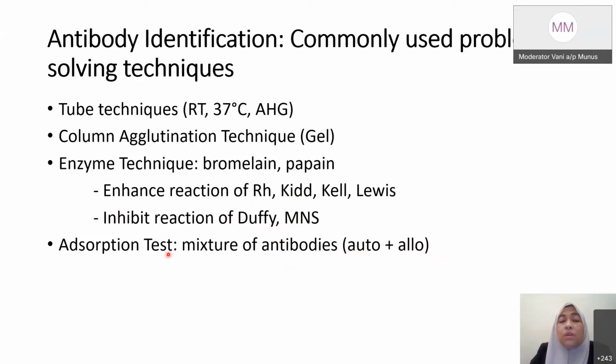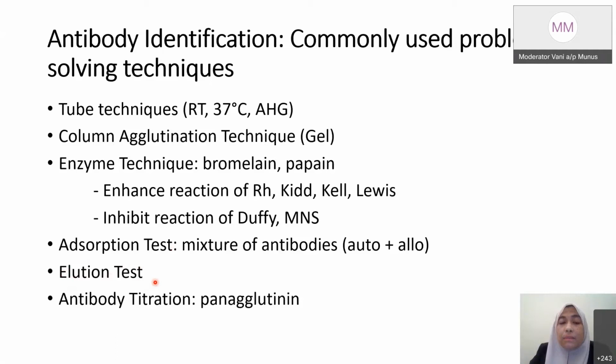And we can also perform the elution test, usually in cases where the antibody is attached to the red cells. And last, we also do antibody titration for cases with pan-agglutination reaction.